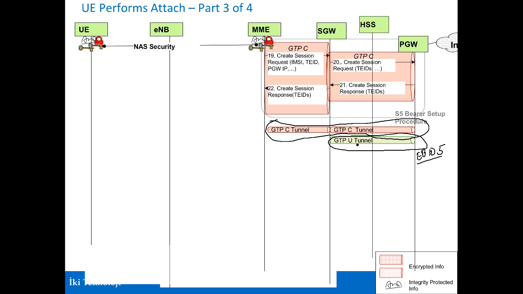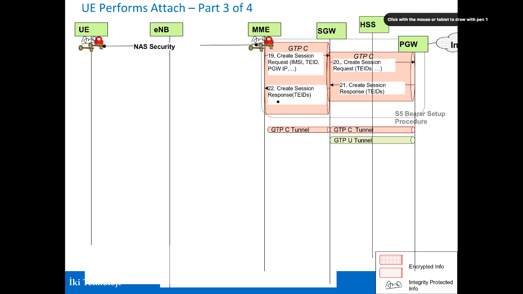Which gets set up, and the tunnel IDs kind of get set up, and that part of tunnel IDs we had talked about in the previous slide, so we won't go into this over here. And so you end up getting back a create service response where these tunnel IDs have been set up and completed. So the S5 bearer is set up both the control plane and the user plane.